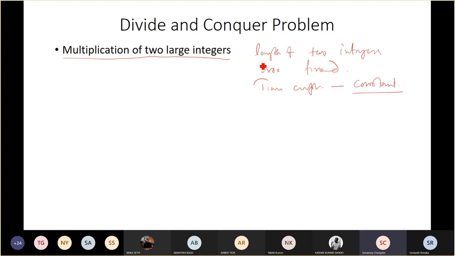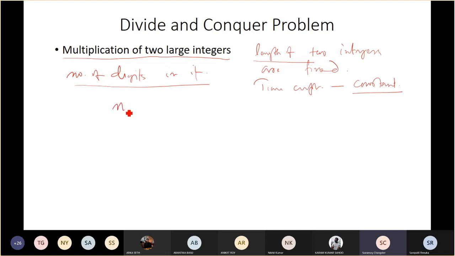So here length of the integer means the number of digits in it. So if the length of two integers are fixed, then the time required to multiply these two integers is also constant. So we will not bother about that case.